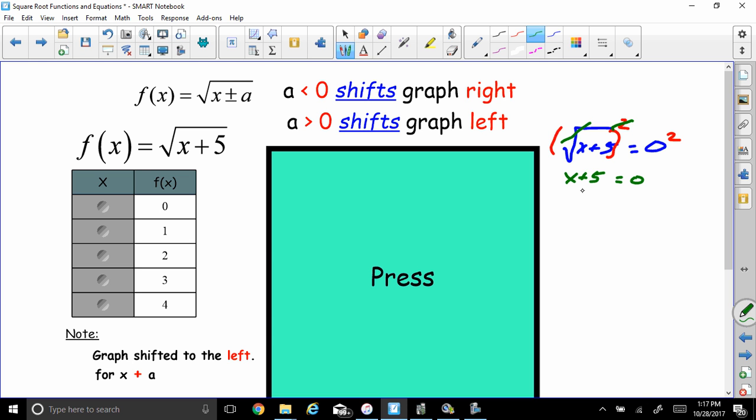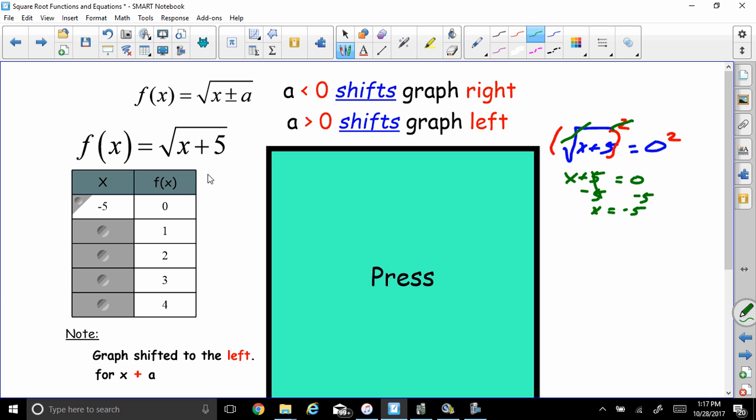Now all I got to do is solve for x. Minus 5, minus 5. 5's cancel out. x is equal to negative 5. That'll give me the number that I need to give me a 0. So if I use x equal negative 5, underneath that, negative 5 plus 5 gives me 0.